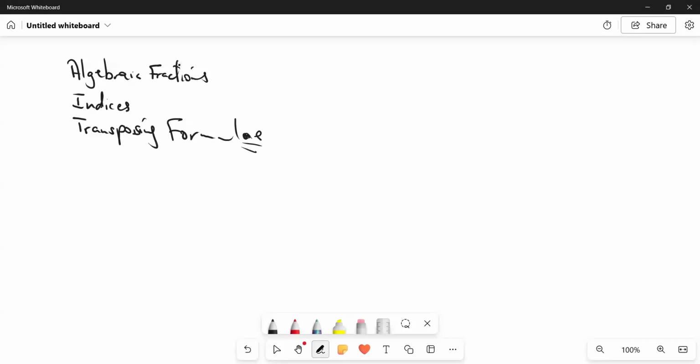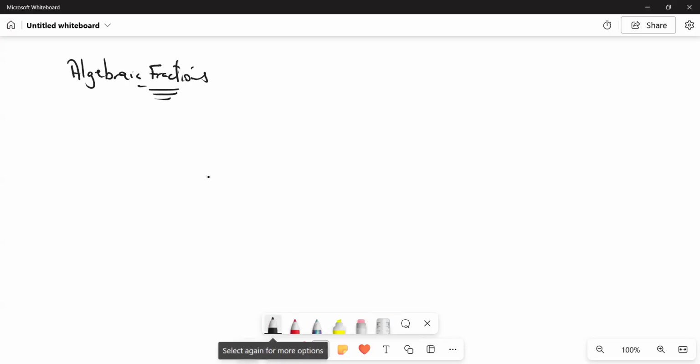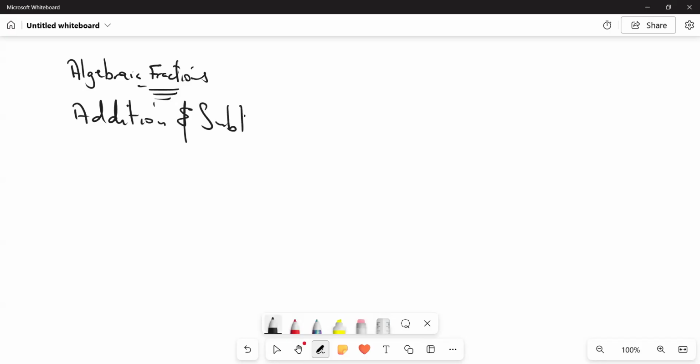All right, so let's start with this one. Algebraic fractions, right? So we'll do some examples just to talk about how we can, and maybe we can start with addition and subtraction, right?